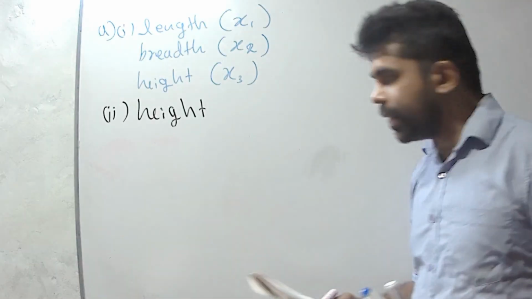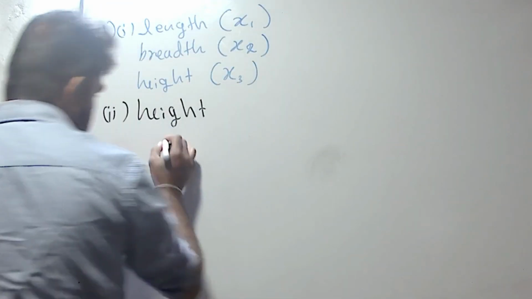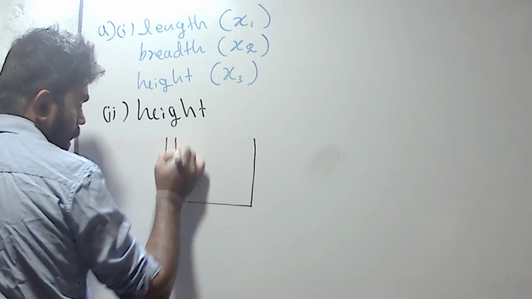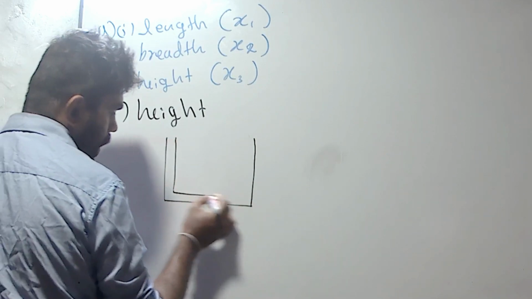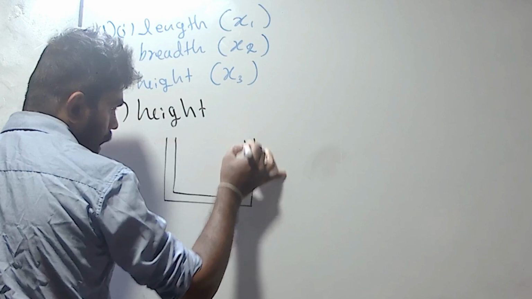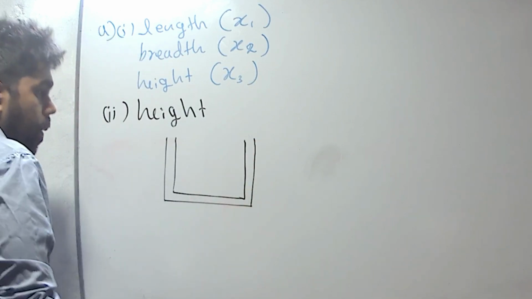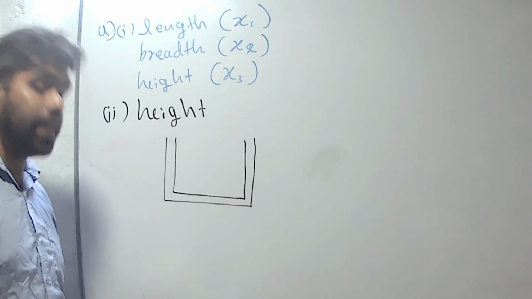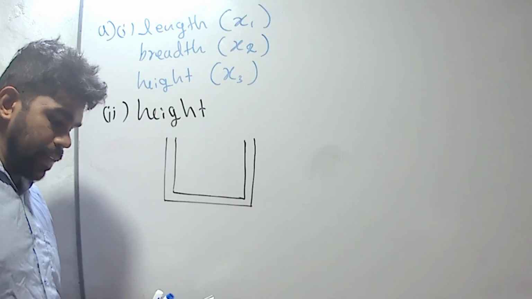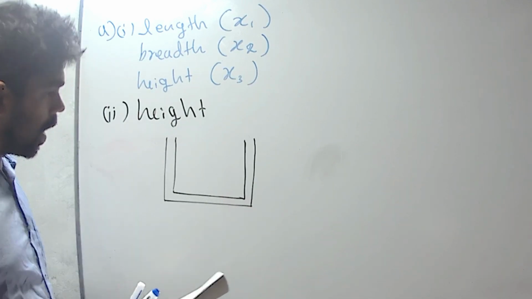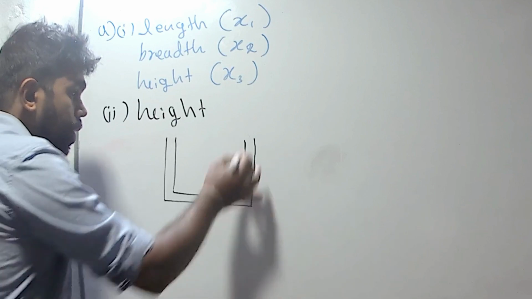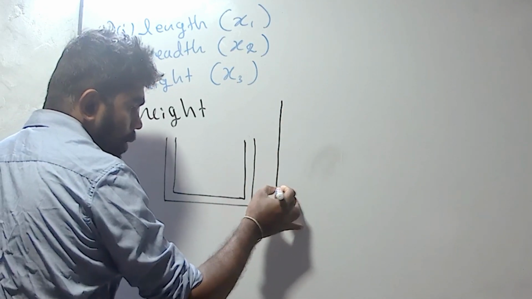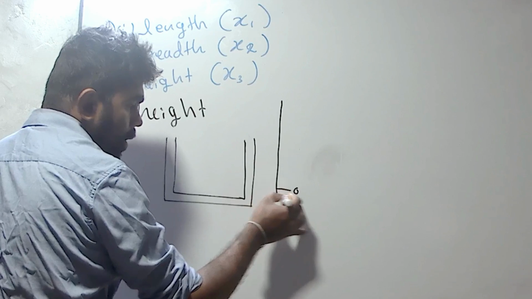We know that when considering a container, we have to consider inner length, inner breadth and inner height. But when considering inner height, we know that for the ruler, the 0 mark is not at the end.